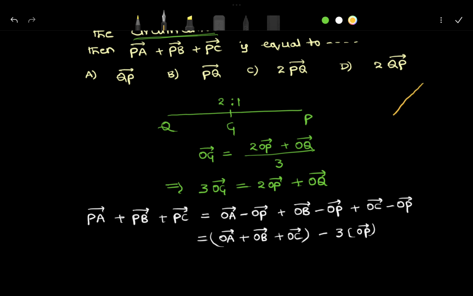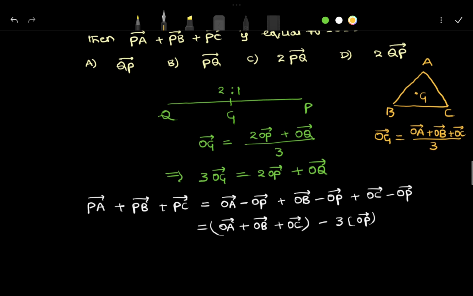Suppose A, B, C are the vertices of a triangle and G is the centroid. Then the position vector of the centroid is OA bar plus OB bar plus OC bar, whole divided by 3. This is the basic formula.